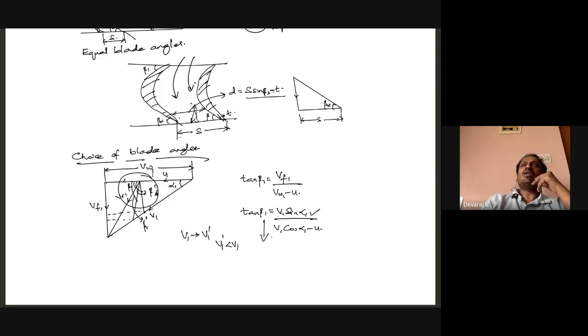Suppose the V1 gets reduced, that means I'm going to load it partly. So my triangle becomes smaller. You can see I have shown V1 dash and V1 double dash. So the corresponding beta 1 dash and beta 1 double dash, the angles get changed.